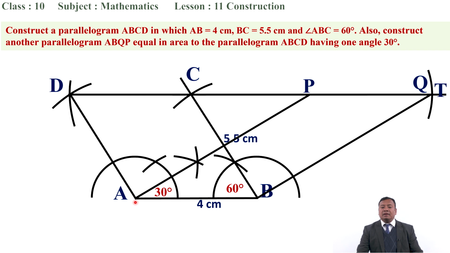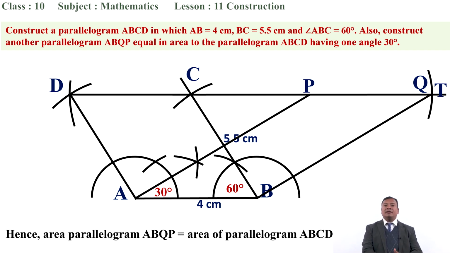Now ABCD, this parallelogram, and the next is ABQP, yes, ABQP. These two parallelograms are standing on the same base AB and between the same parallel lines DT and AB. Therefore, we can say that they are equal in area, right? Is it clear? Yes. Okay.